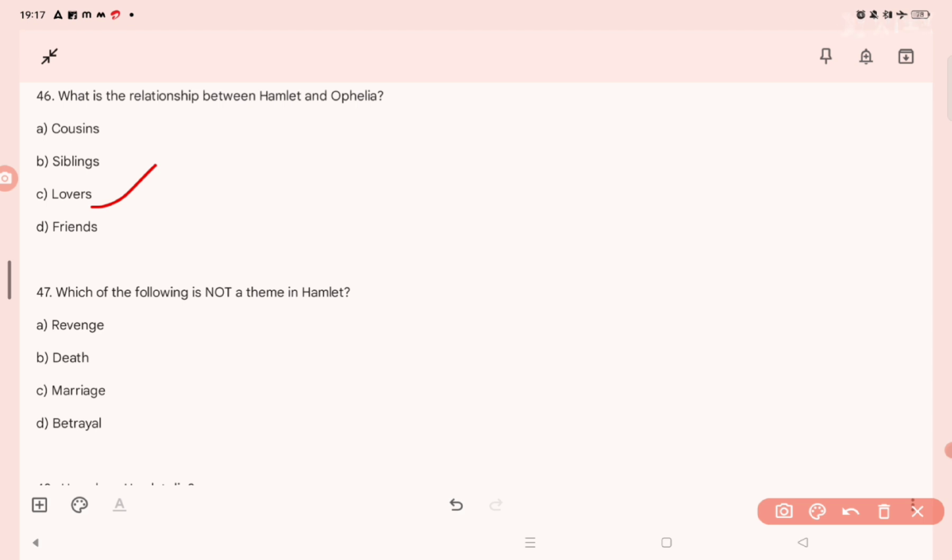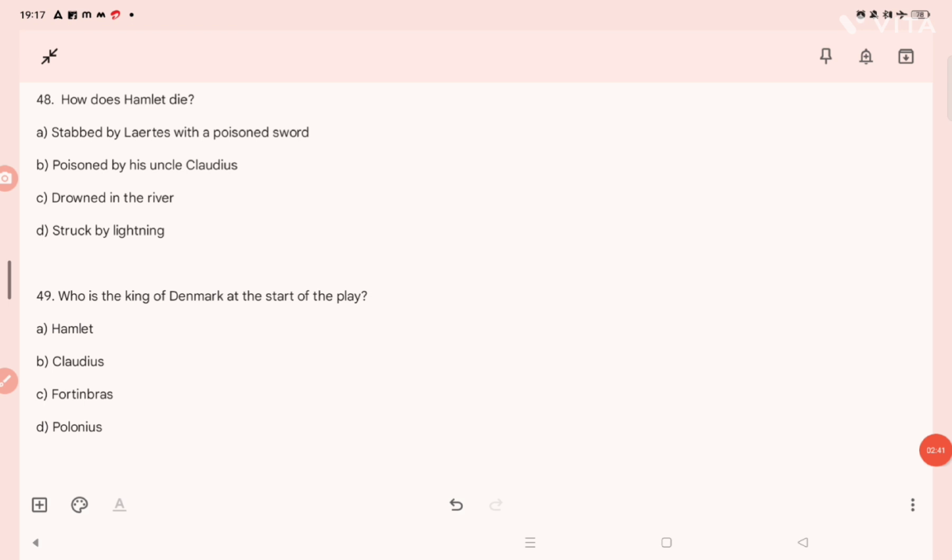Which of the following is not a theme in Hamlet? Marriage. How does Hamlet die? Stabbed by Laertes with a poisoned sword.